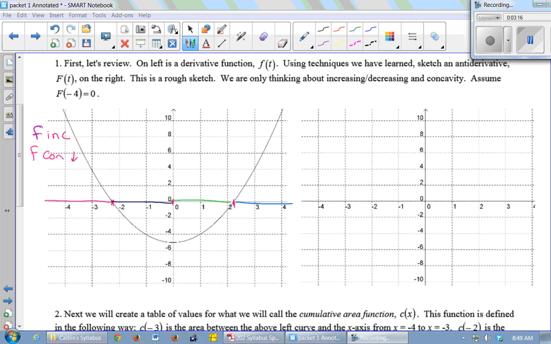On this next interval, f prime, my derivative, is negative, so that tells me that f is decreasing. And my derivative here is decreasing, which tells me that f is concave down.